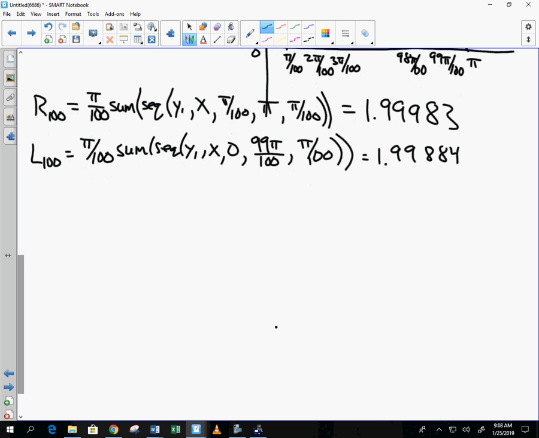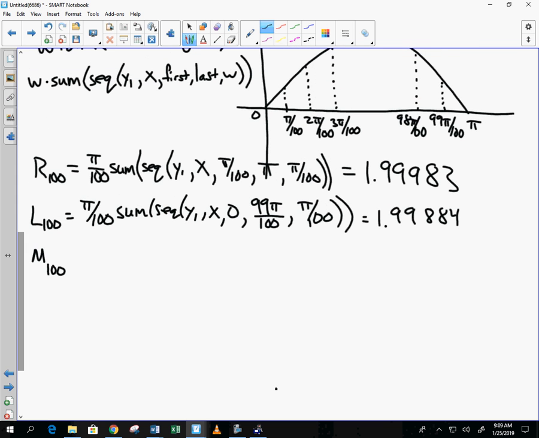I'll tell you how many decimal places I would like on the test, but usually 3 decimal places is pretty good. I'm going further here just because otherwise they all start to look the same at 1.99. So let's do the midpoint. What's that spot right there? Pi over 200. Does everybody see that? So I start at pi over 200.